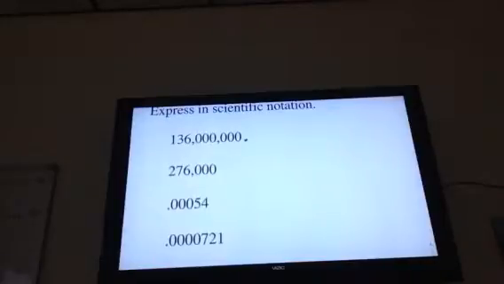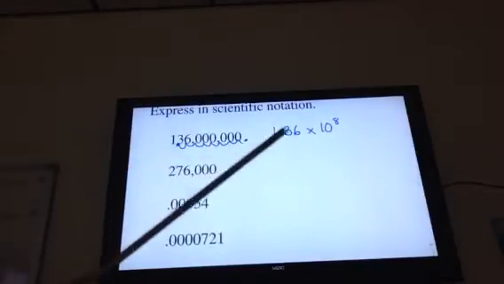If I'm going to write it in scientific notation, I'm going to move it until there's one non-zero digit in front of the decimal, between the 1 and 6. So I'm going to go 1, 2, 3, 4, 5, 6, 7, 8. So 1.36 times 10 to the 8th power. So again, a really big number, positive exponent.